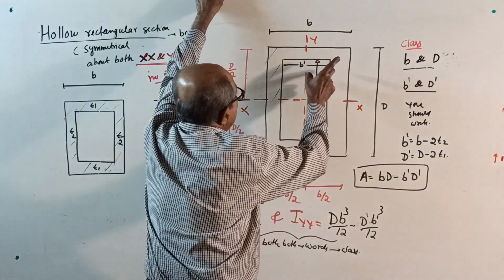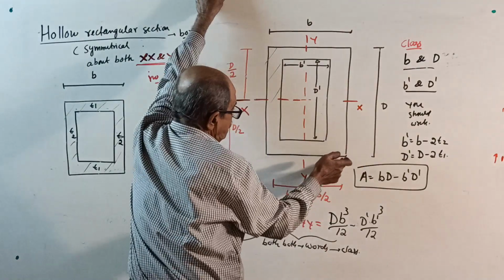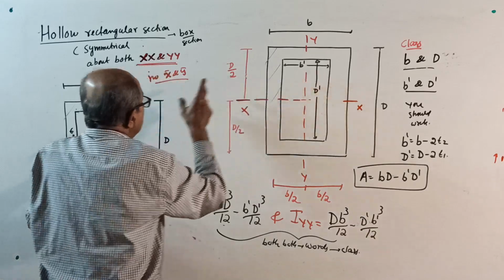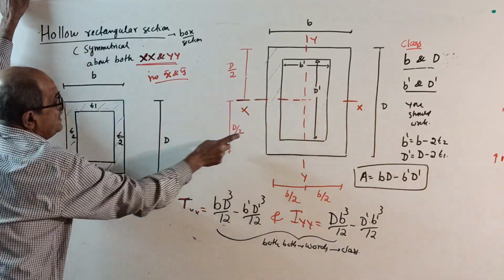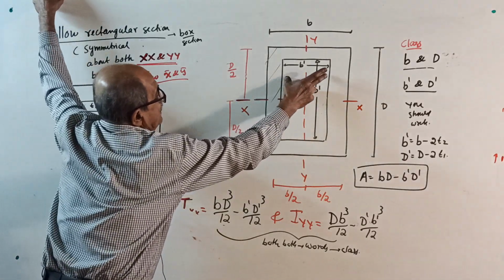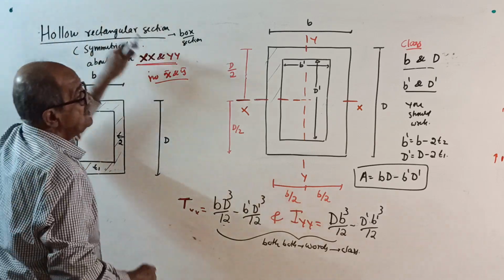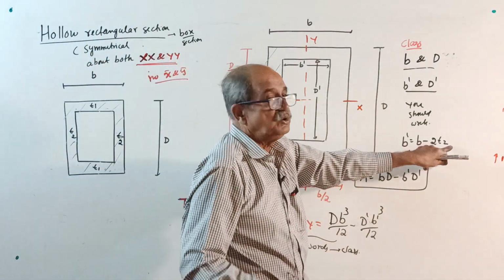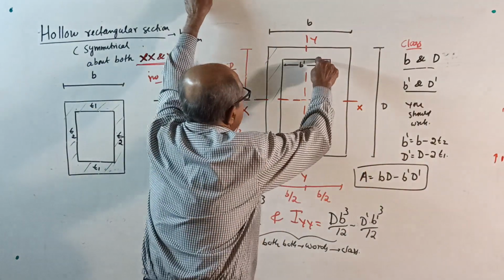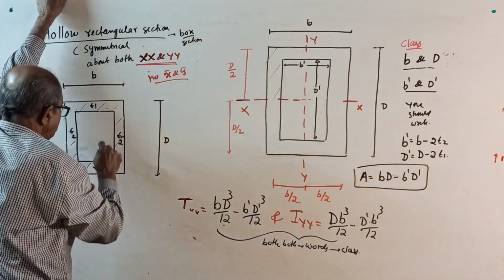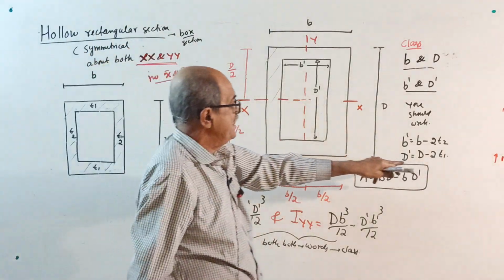Your B dash equals B minus 2 times thickness, 2T2, and your D dash equals D minus 2 times thickness T1. You write all this.